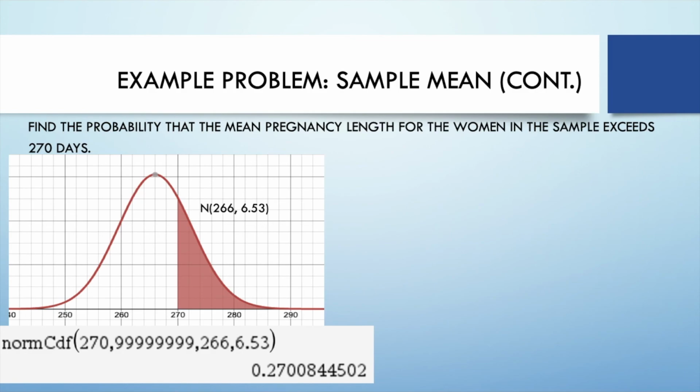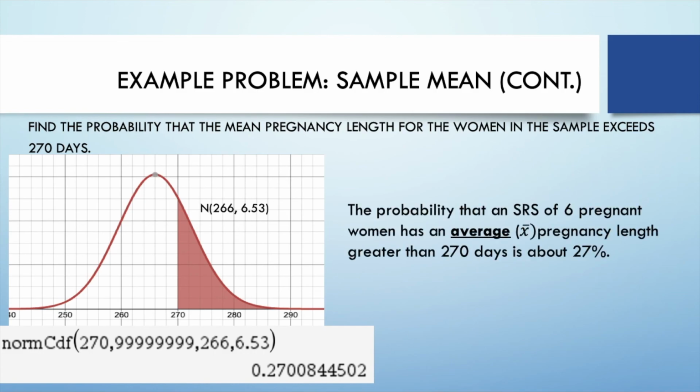Standard deviation is the only thing that changes. You'll notice that this new probability is smaller because the distribution is less spread out, so it's less likely to get an average that is so high. So the probability that a simple random sample of 6 pregnant women has an average pregnancy length greater than 270 days is about 27%. Make sure you write a little statement at the end in context.